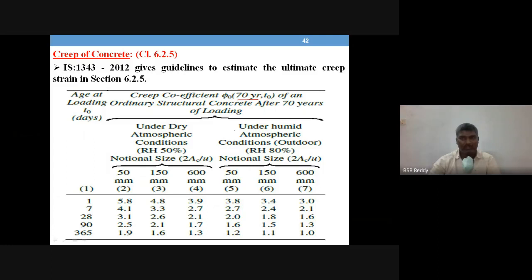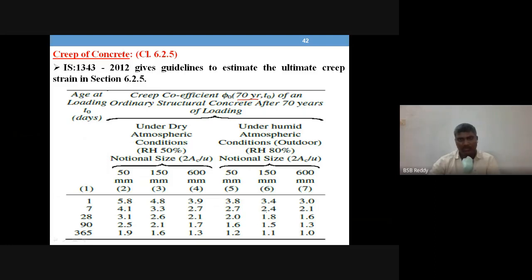For ordinary structural concrete, a lifetime expectation of 70 years is taken, and the creep coefficient values are given, which are ratios.